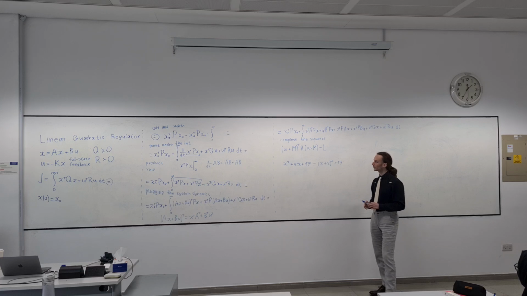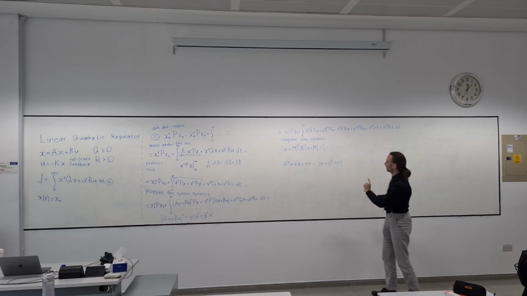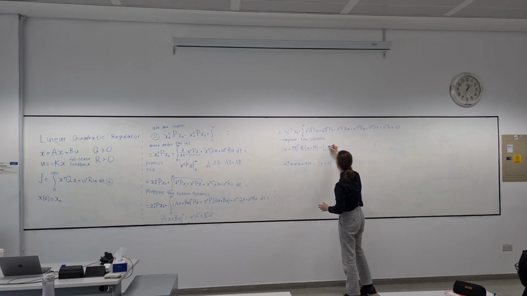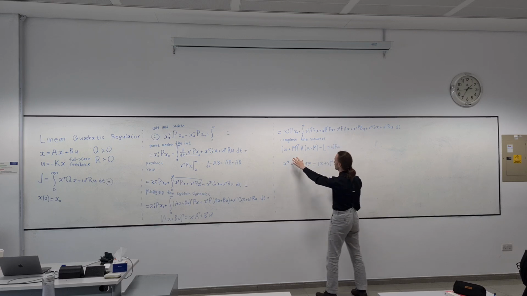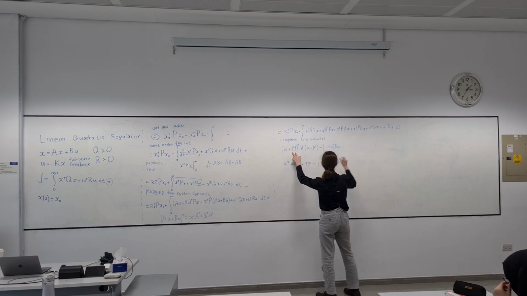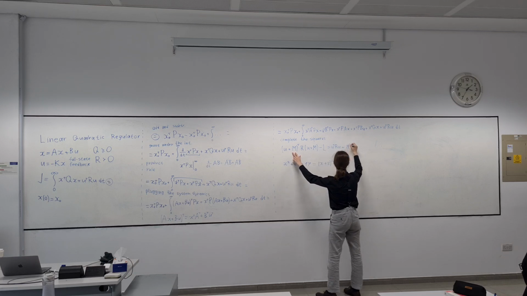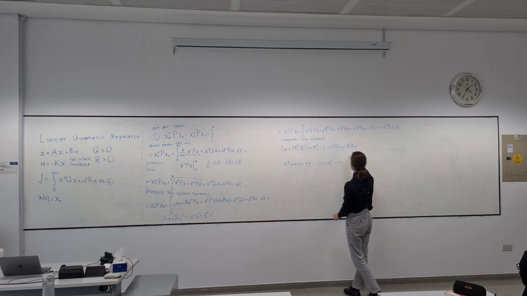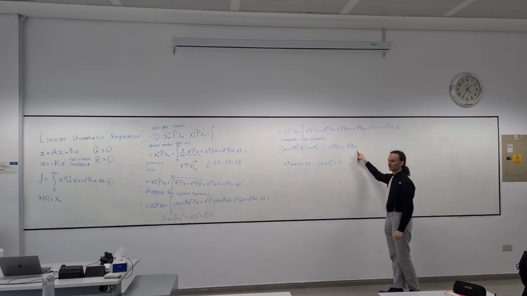So what is equivalent here? Let me expand this, so it will be pretty clear. We get U transpose R U. The second term that we're going to have is M transpose R U. The cool thing is that this is a scalar, right?